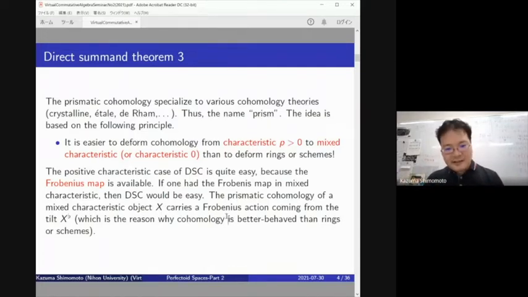So maybe in the future we should study prismatic cohomology if you are interested in problems in mixed characteristic in local cohomology, because we have something like a Frobenius action. Okay, so anyway, this is not so important today.